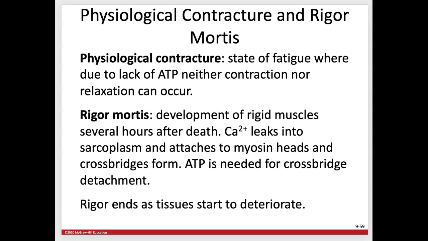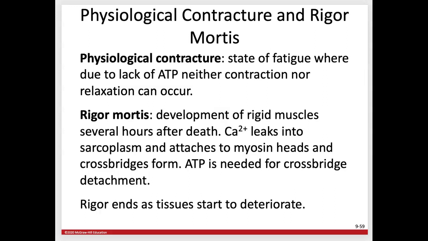Physiological contracture is a state of fatigue where, due to the lack of ATP, neither contraction nor relaxation can occur. Rigor mortis, which I mentioned in the previous screencast, is the development of rigid muscles several hours after death due to lack of ATP.